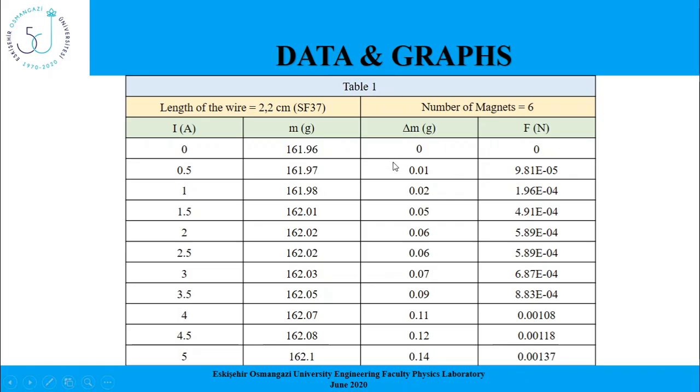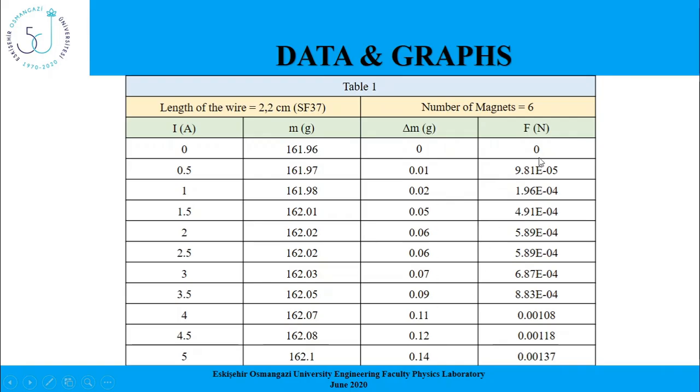Also, we should differentiate the mass value we measured when there is no current on the circuit from the other values, and record them on these.